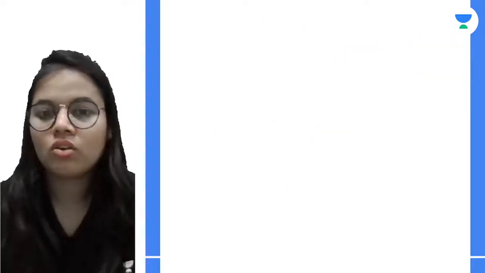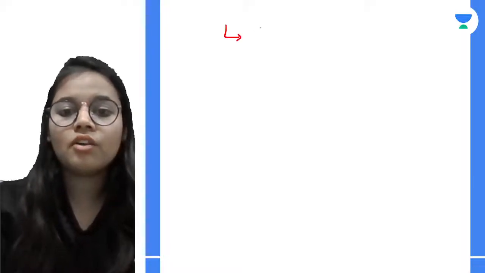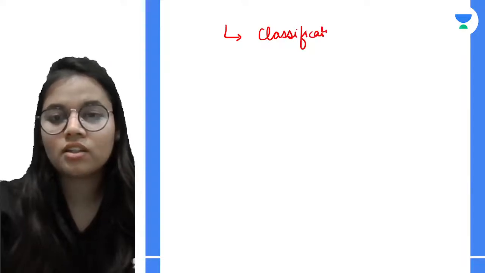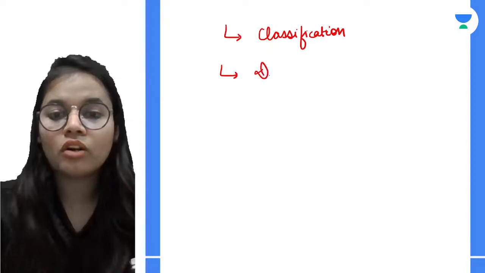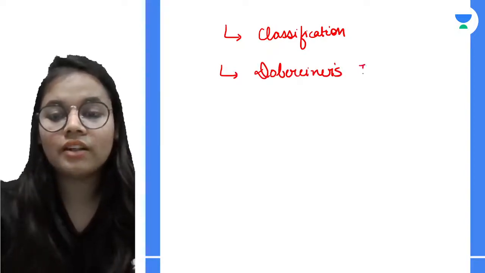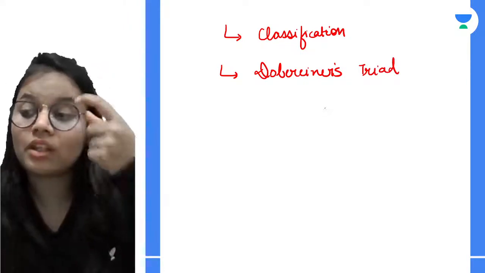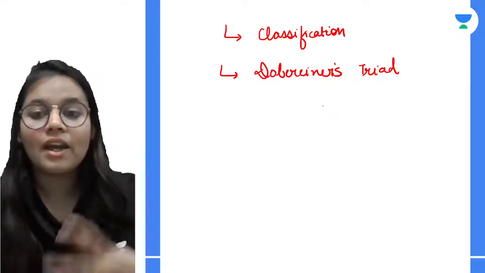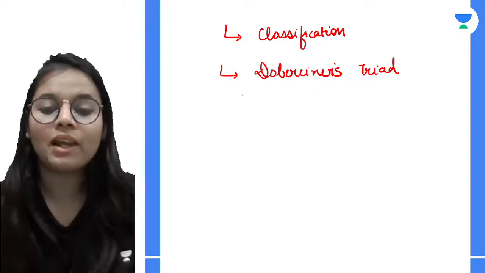All right, so Lakshya, in the periodic table, the very first thing is classification of elements. That is important. Then if we go for the earlier trials, Dobereiner's triads are very important. You could be asked what the drawbacks were, or you could be given some elements and asked what the mass of element B is, so you have to apply it.